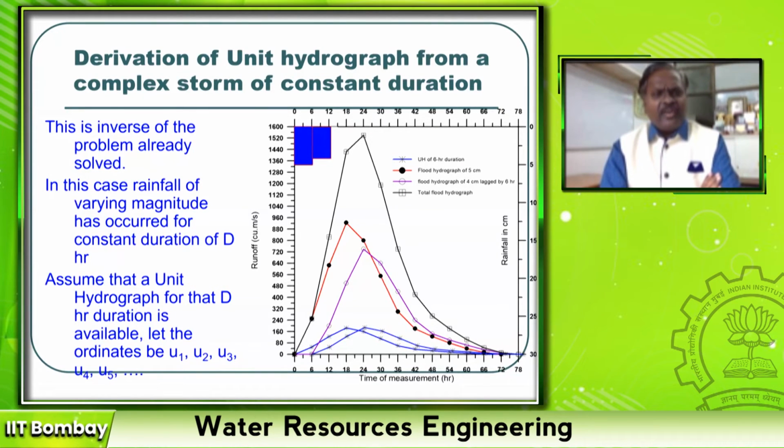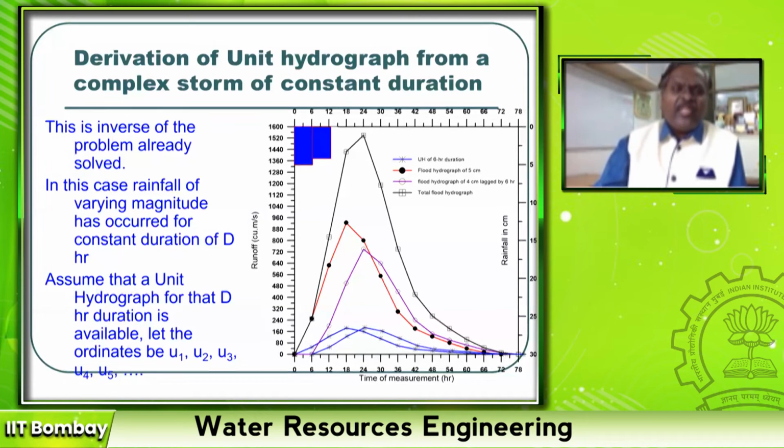In this case, rainfall of varying magnitude has occurred for a constant duration. First assumption: assume that you have a unit hydrograph of D-hour duration. In this case it is 6 hours, and the ordinate values are U1, U2, U3. You don't even know how many ordinates there are.